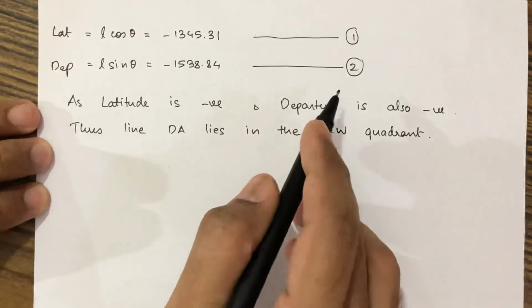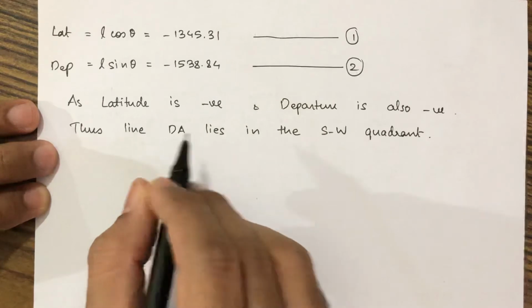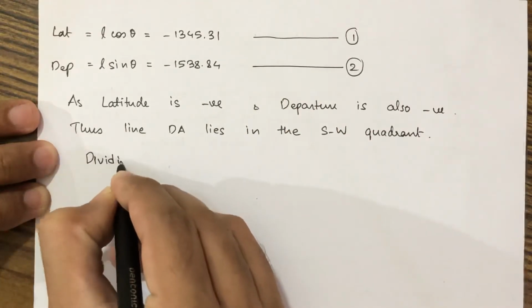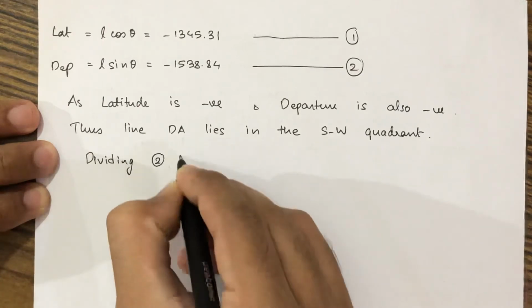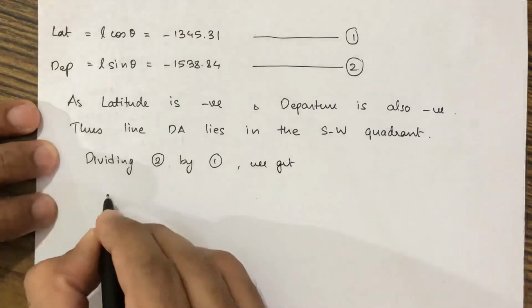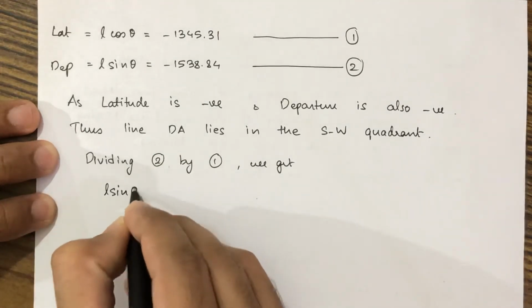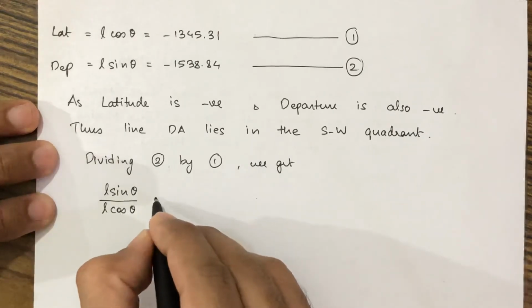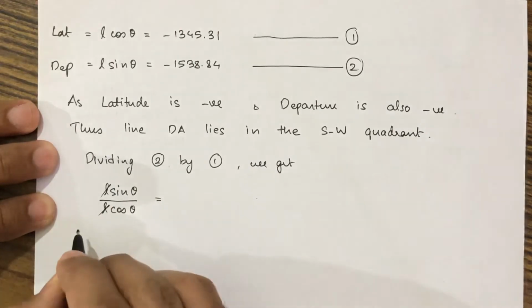Now, if we divide equation 2 by 1, we get L sin theta upon L cos theta. L by L will get cancelled.